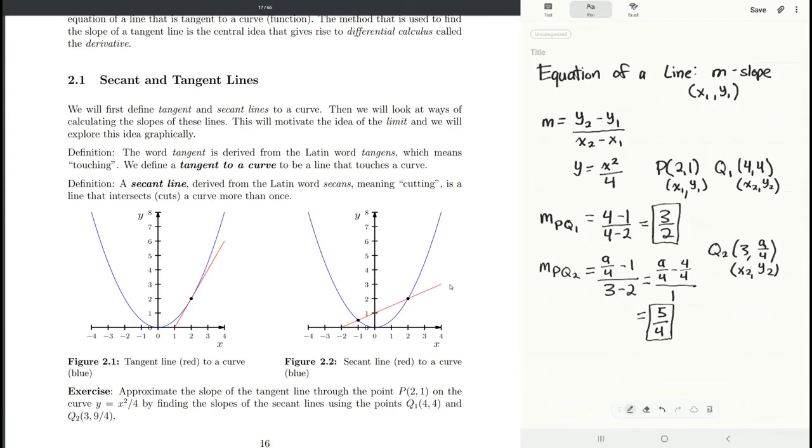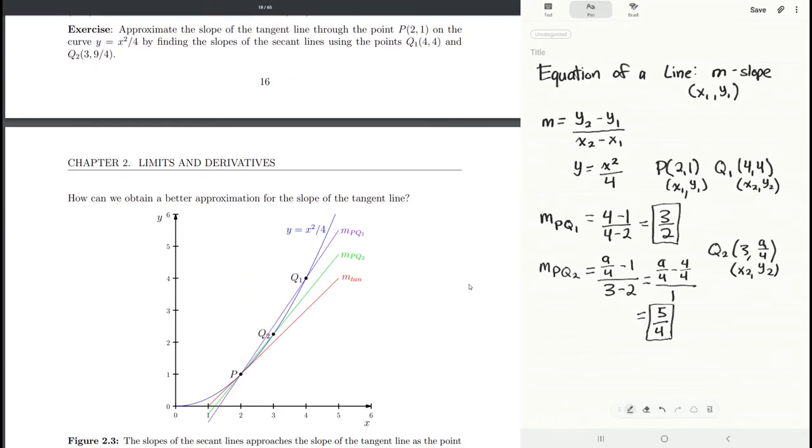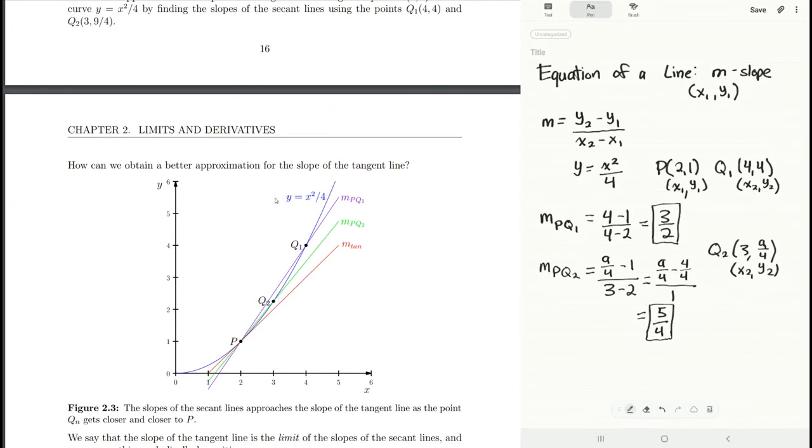So let's have a look at an illustration of what we calculated. Here the blue curve is the function x squared over 4, and we were trying to figure out the slope of the tangent line at P by approximating it using the slopes of secant lines through Q1 and Q2.